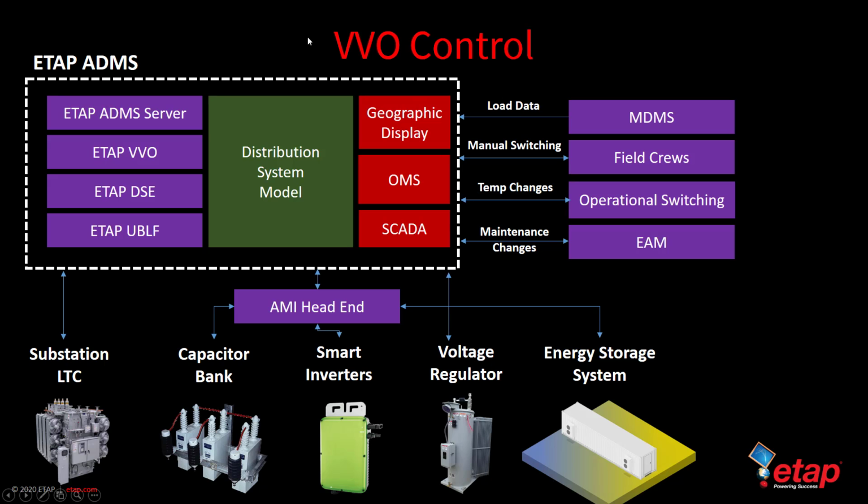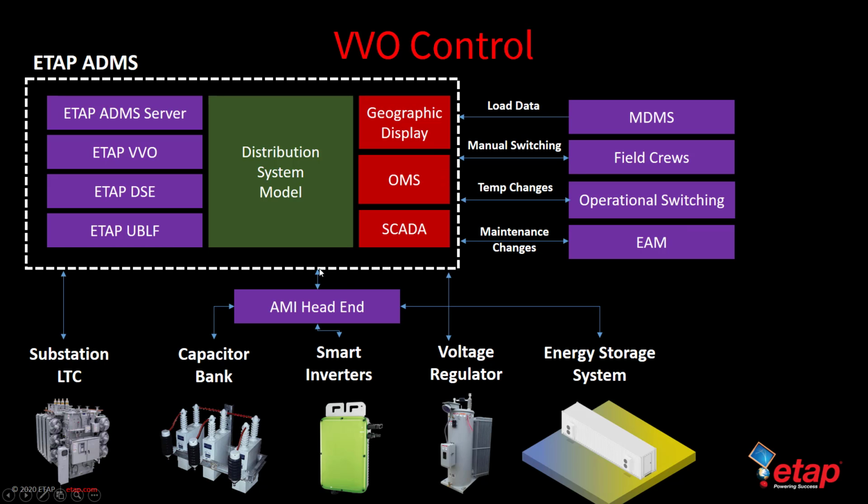So this formulates the entire bulk of ETAP ADMS amongst other capabilities, which connects to meter data management systems for load data consumption, the ability to view and send manual switching orders to the field crews through the OMS, look at the temporary changes such as the operational switching through the SCADA side, and also track the maintenance changes through the enterprise asset management linkages. So the ETAP ADMS essentially takes advantage of the standard connectors and capabilities to visualize and utilize the data.